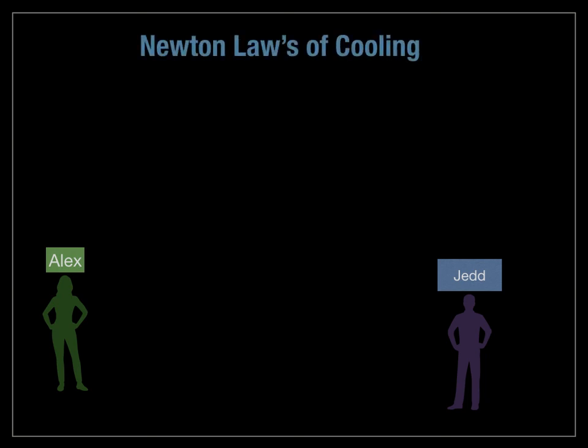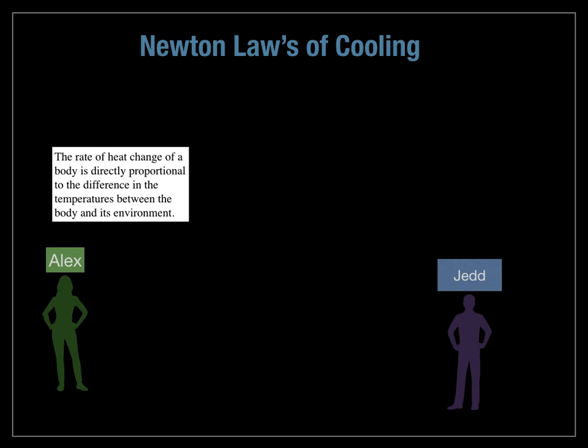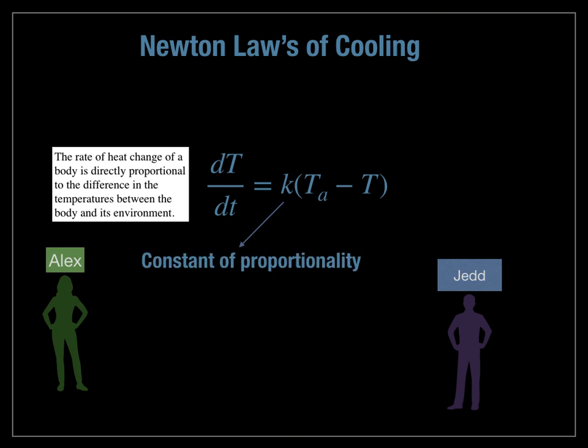Newton's law of cooling says that the rate of heat change of a body is directly proportional to the difference in the temperatures between the body and its environment, which is illustrated by a differential equation where K is a constant of proportionality and T sub A is the ambient temperature, or the room temperature.